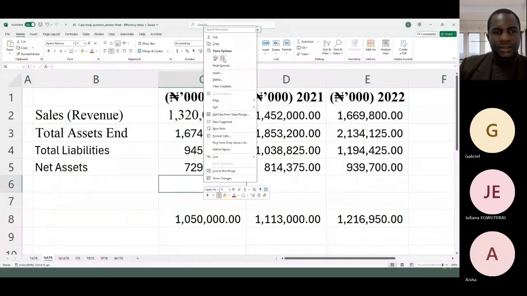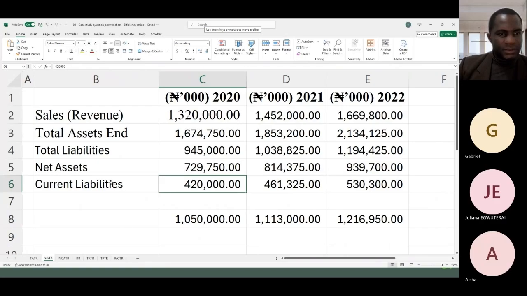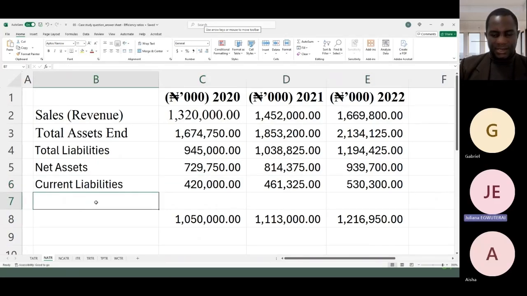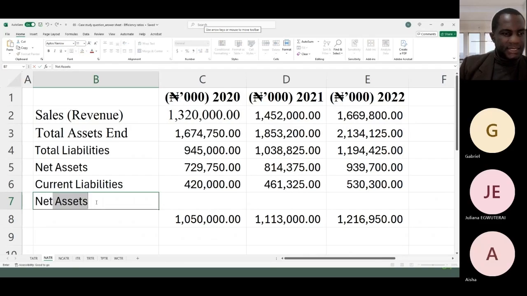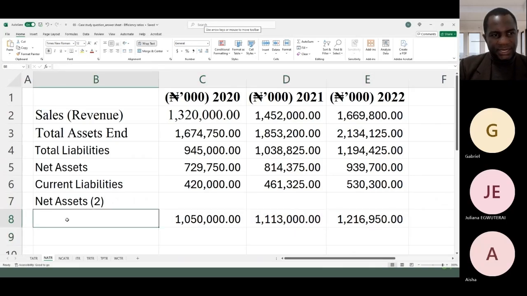Let's post current liabilities here. Then let's use another one, net assets number 2, and see if it culminates in this total equity.